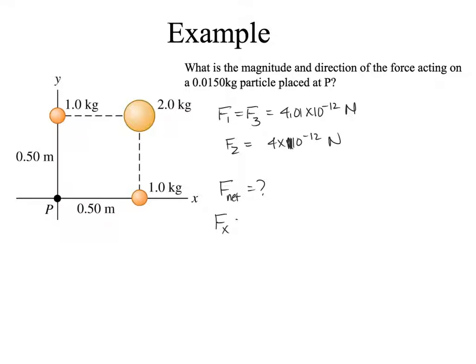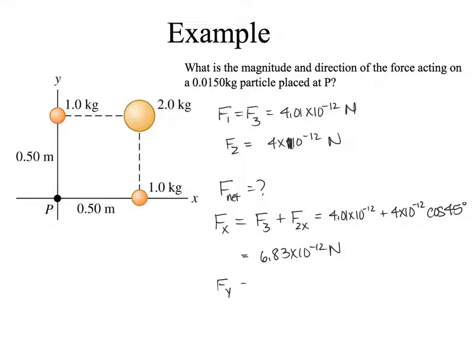First, I have to find the net in the x direction, which is going to be equal to F3 plus the x component of F2. So it's going to be 4.01 times 10 to the minus 12 plus 4 times 10 to the minus 12 times the cosine of 45 degrees. Because this was a square, that angle is 45 degrees. And that ends up to be 6.83 times 10 to the minus 12 newtons is the x component.